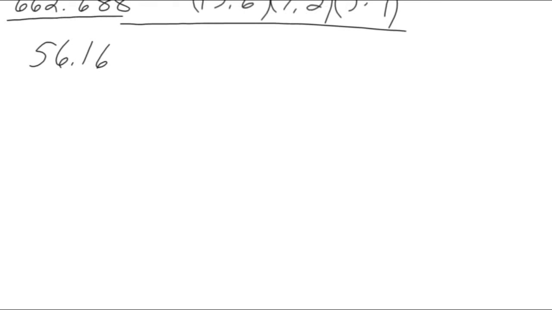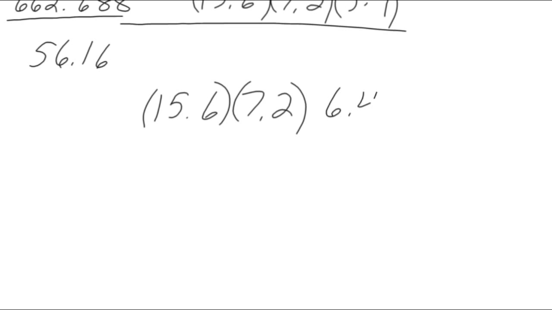You can do that, in which case you would have the 15.6 and 7.2, that is the area, and you're going to take it times the height, the difference of those two, which is 6.4 minus 5.9, because this is the volume height when the marbles are in, and this is the volume height when the marbles are out.